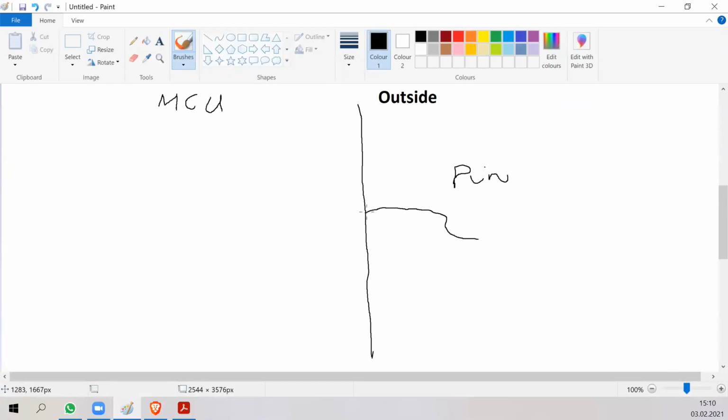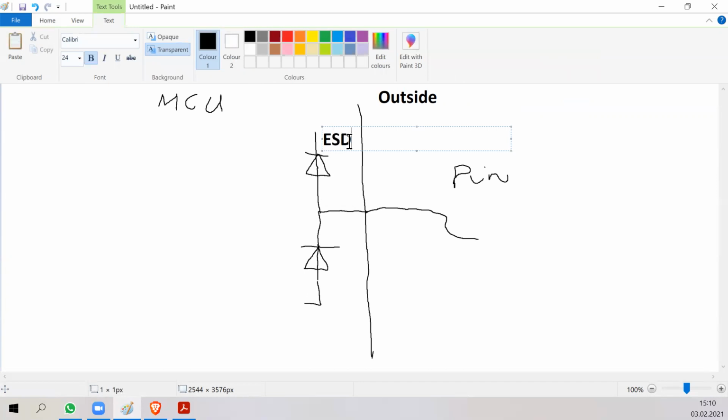But here's what you need to know about the internal part. First of all, each pin has electrostatic discharge protection diodes. One is like this, and one is like this. So I'll write it here, ESD, with small letters.